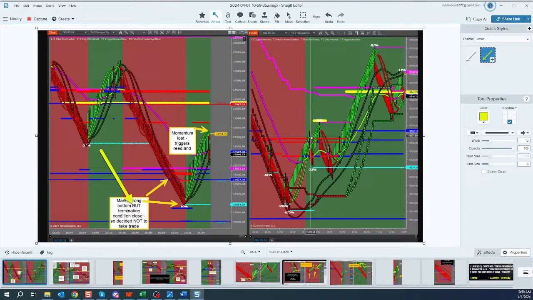Which trade did you skip? Did you skip this one up here? Or did you skip this one right here in determination conditions from the bad bottom? I just want to make sure that I'm reading this right. So weak triggers with divergence.